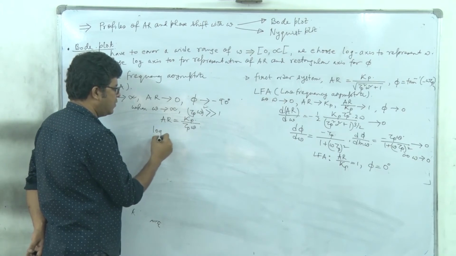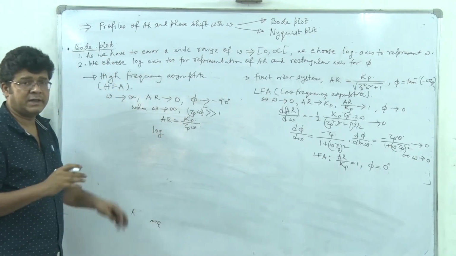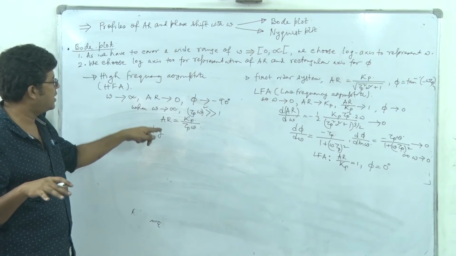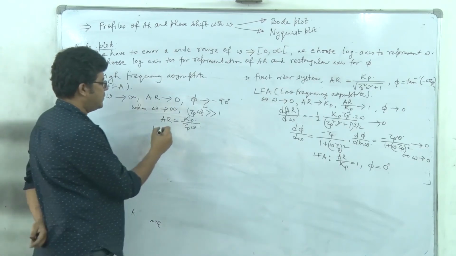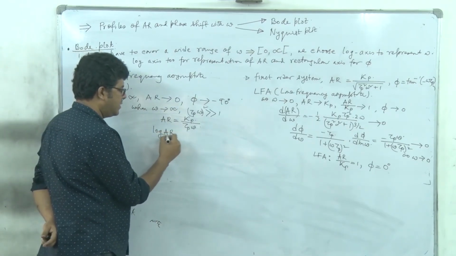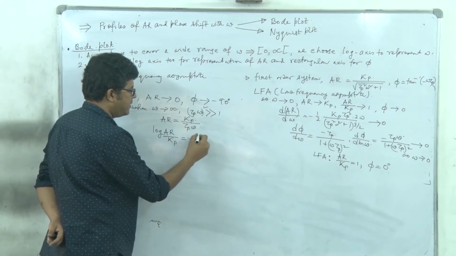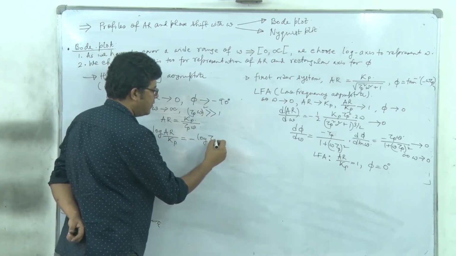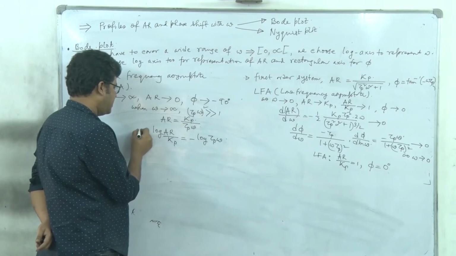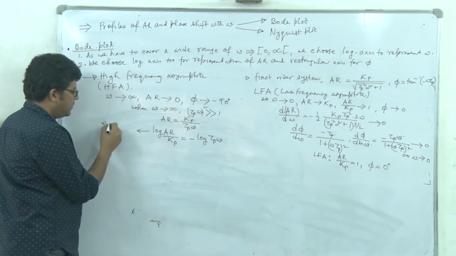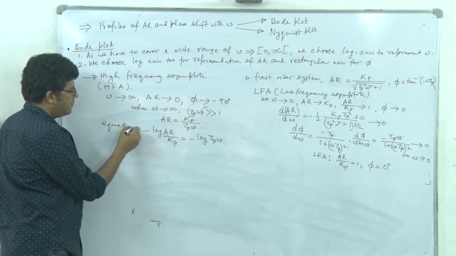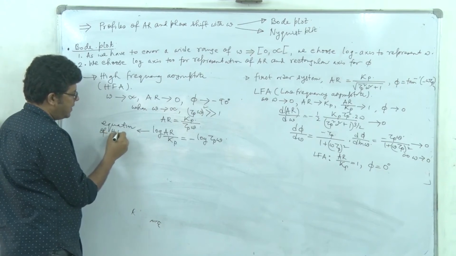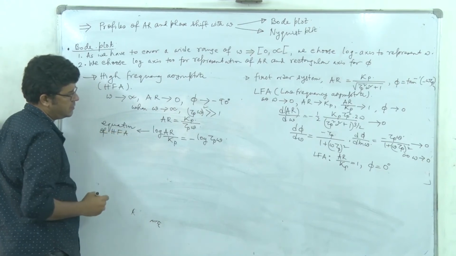And this we can go for an asymptotic plot only, that means a linear plot, if we go for log space. So log of AR by Kp is equal to minus of log of tau p omega. So this is the equation of high frequency asymptote, right?